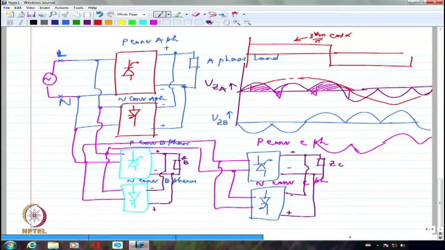And synchronous motor drives generally, because they are of large rating, will also have a huge inertia, very large inertia. If they have a large inertia, it is going to take a while for them to vary their speed. J d omega by dt equal to Te minus TL. That is the equation, F equal to ma. Something similar to that.